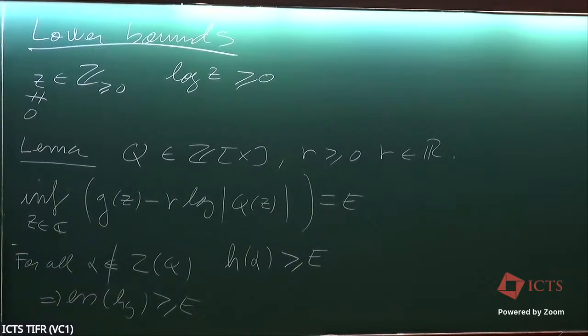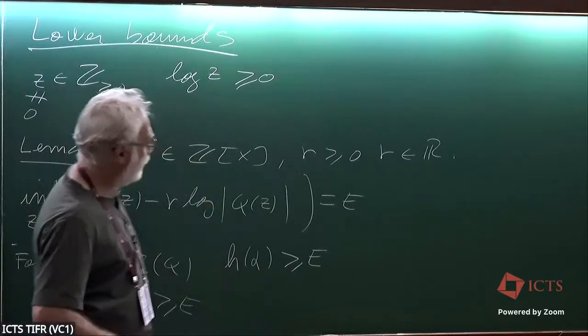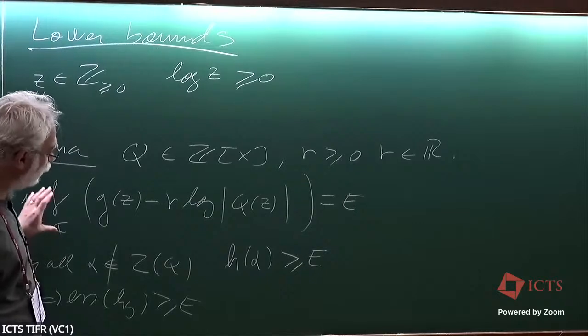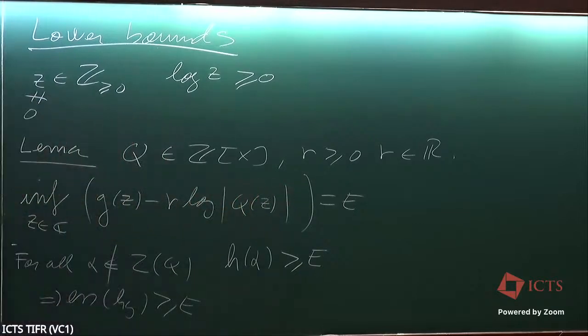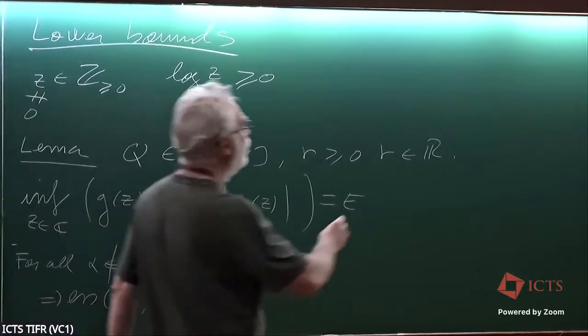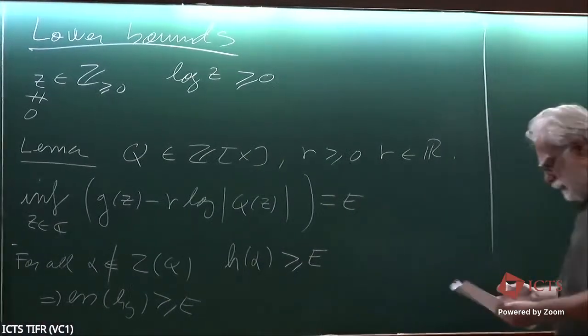So this is automatically a lower bound for the essential minimum. Whenever I have an integral polynomial and a number, and I tweak this function, and I look at the minimal value of the function, this will automatically give me a lower bound of the essential minimum, because for every alpha that is not in the zeros of Q, the height of alpha has to be bigger than this one. Let's see this result.